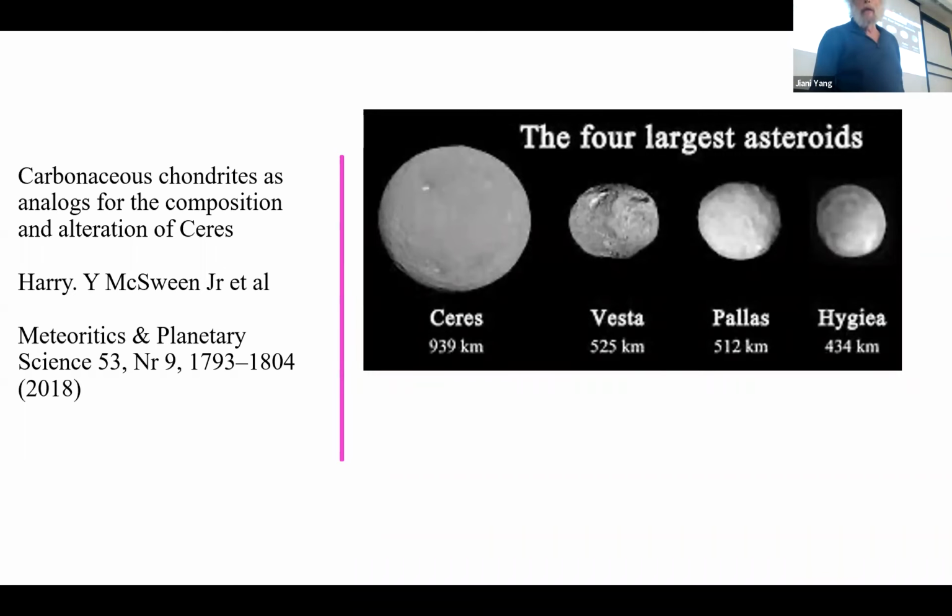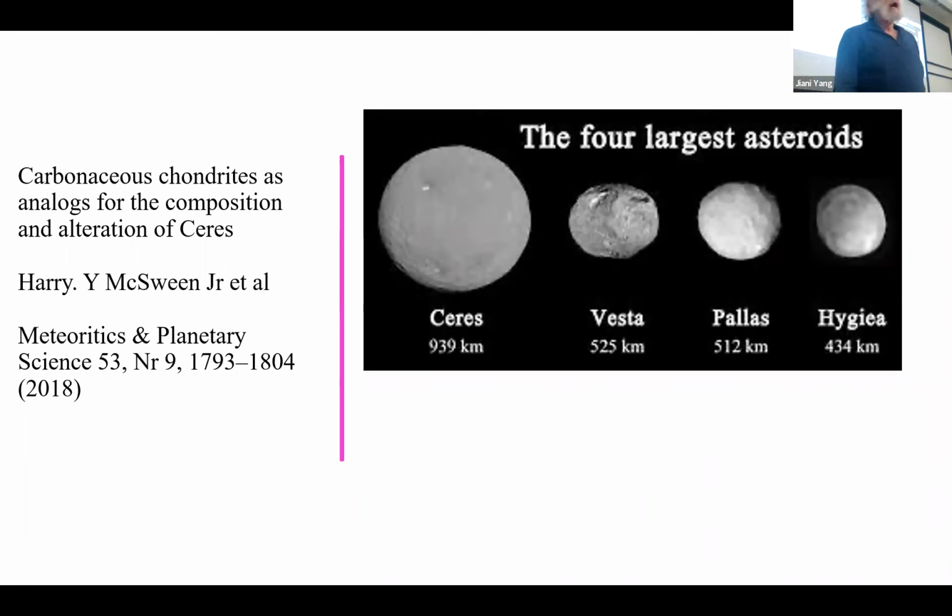Vesta was also looked at carefully at that time, and it had very interesting stuff to talk about. So these bodies, the four largest asteroids, are really of great interest to the origin of life and to the evolution of clays and organics.